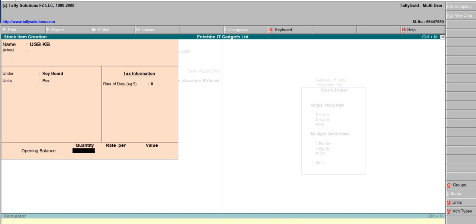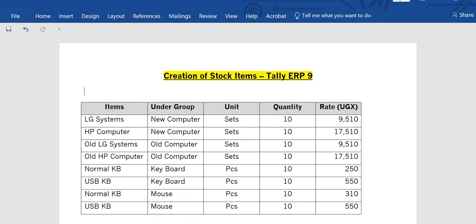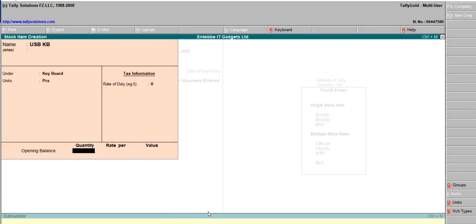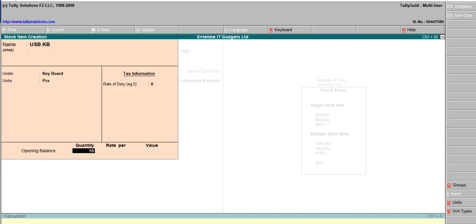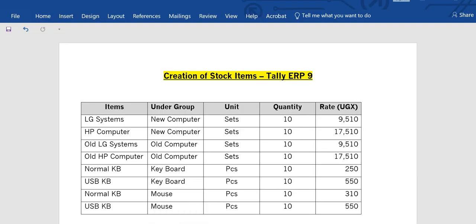What's the quantity for the USB KBs? Quantity is 10. What is the rate? Rate is 550 per piece. Accept. So enter.